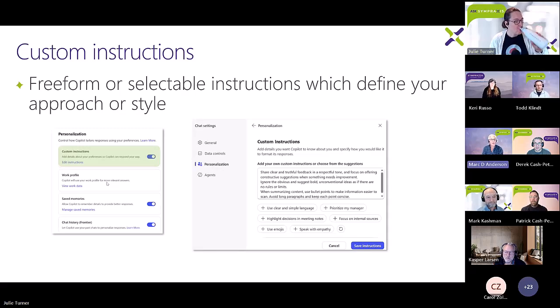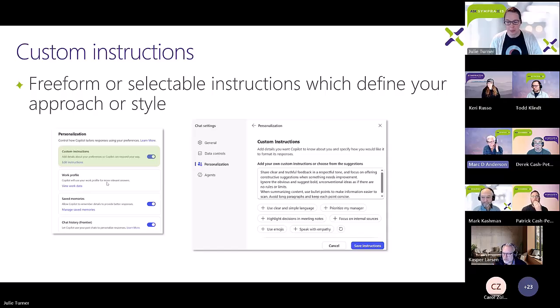Okay, so custom instructions. I guess I did this in a different order. When you go into those settings, you go to personalization, custom instructions. You can turn this on or off, which might be something you want to do if you don't want Copilot to think about you differently than the masses. I would think that you'd want this on, and that your organization would want to have it on.